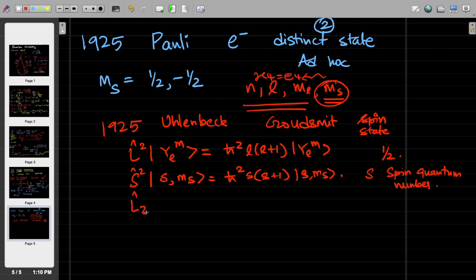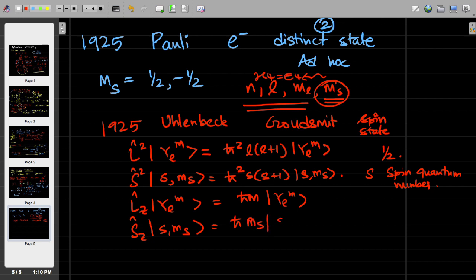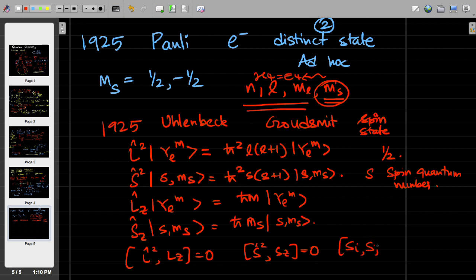And similar to this, you have the L_z operator, which when operated on Y_lm gives you h cross m times Y_lm. So similarly, you have an S_z operator on |s, m_s> giving h cross m_s times |s, m_s>. And of course, the other properties that we had discussed exist here as well. The commutator relationship holds good, and then you have something like [S_i, S_j] equal to i epsilon_ijk S_k, where epsilon is +1 for cyclic and -1 for acyclic.